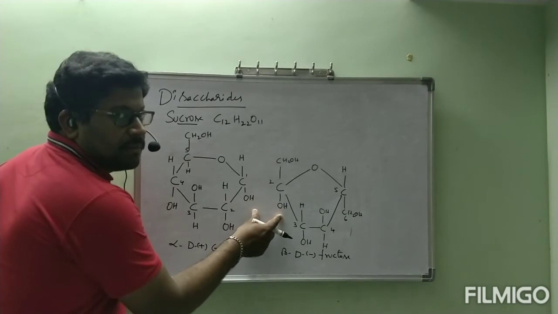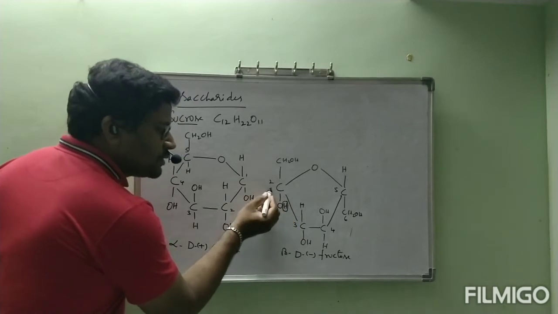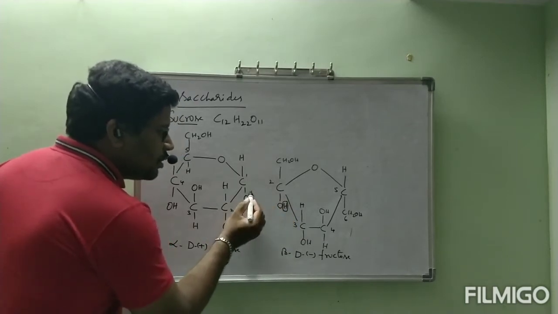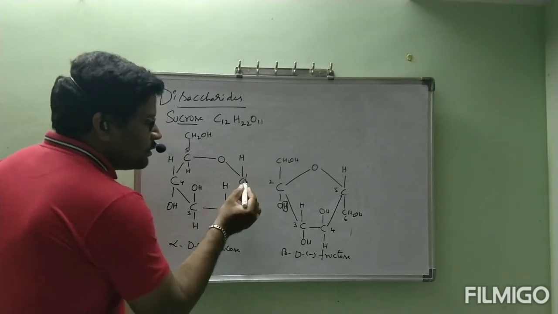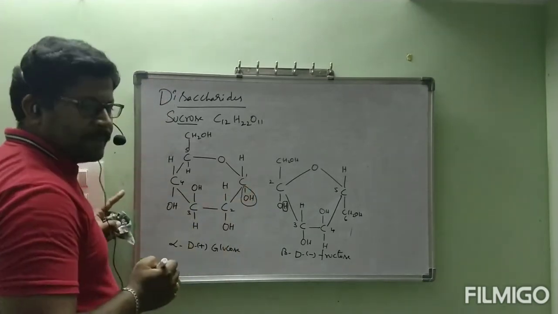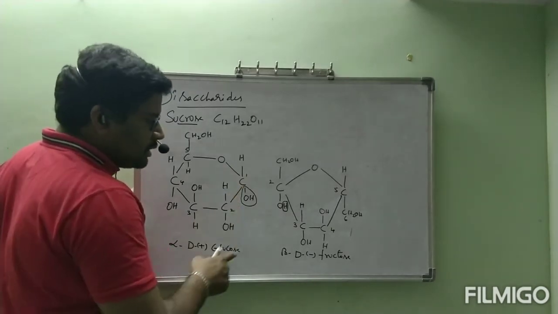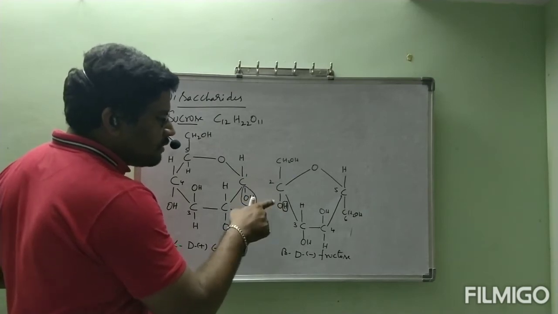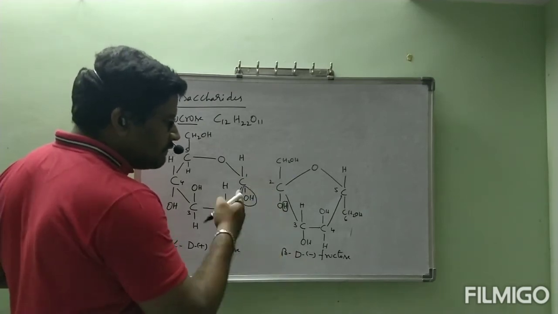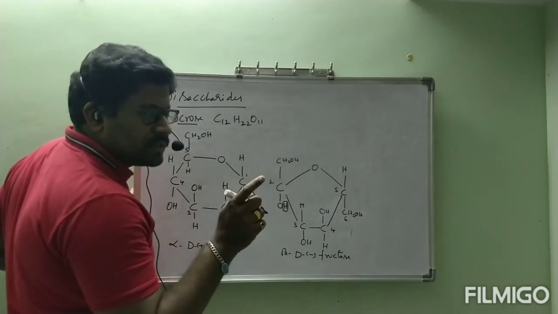Observe, the hydrogen present on the OH group of second carbon of fructose and the OH group present on first carbon of glucose will be removed as water, coming out as water.